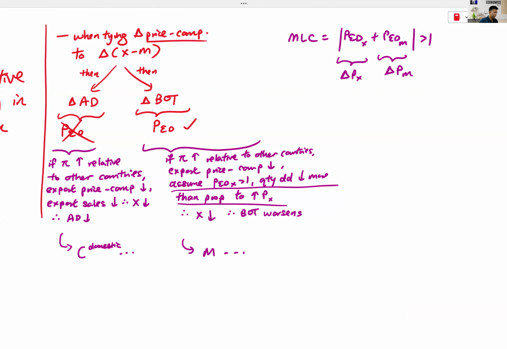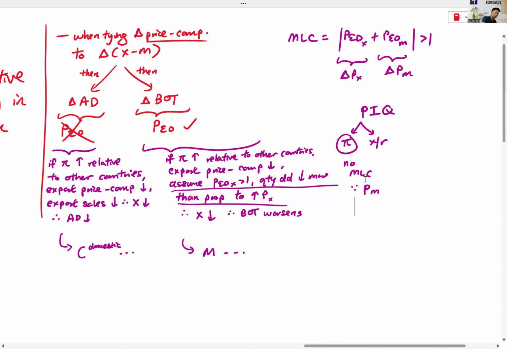If there is a change in inflation just in my country, if my inflation rises relative to other countries, okay, my import prices don't change there. So you see, PIQ is affected by inflation, is affected by exchange rates. Here, no MLC because import prices stay the same, do not change.